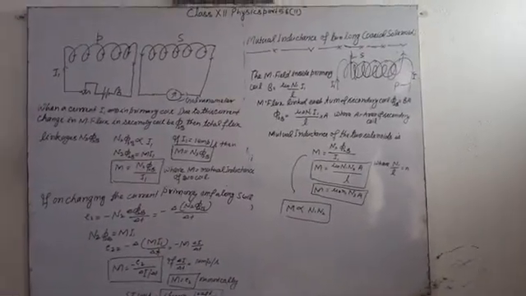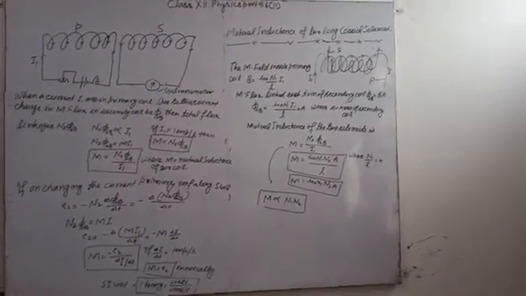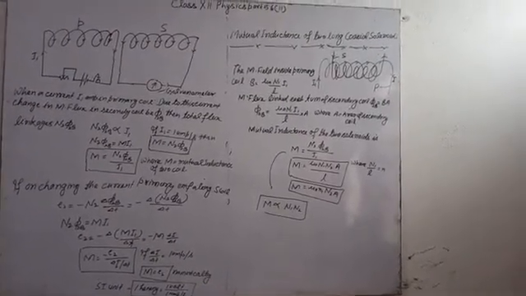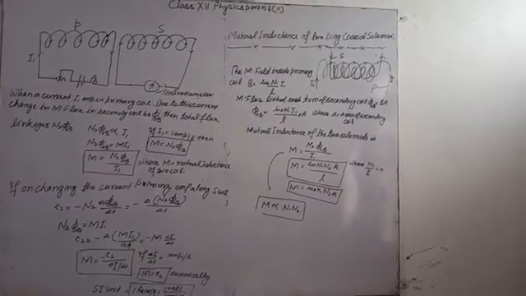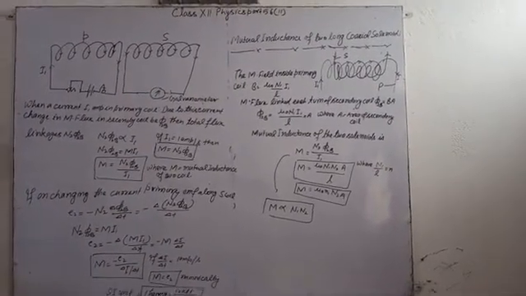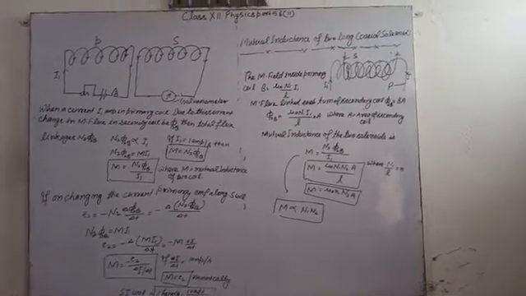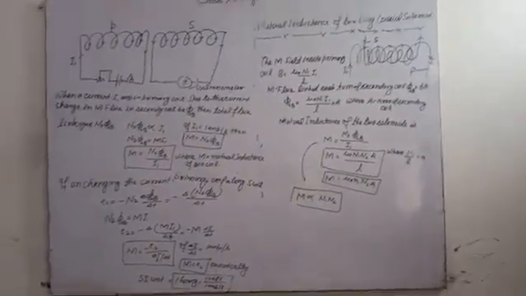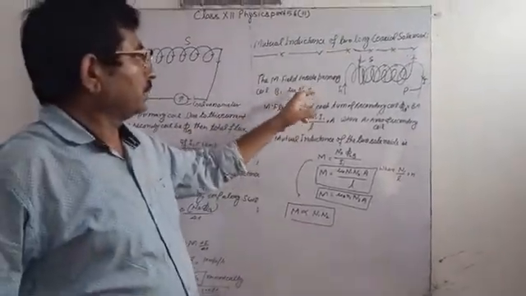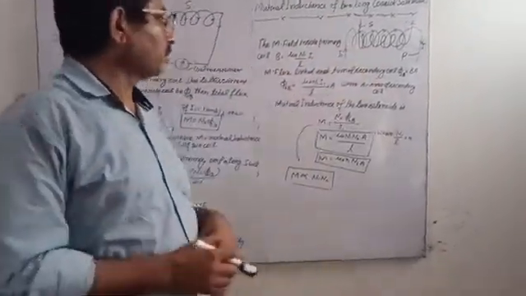Now come to the mutual inductance of two long coaxial coils. I have taken here two long coaxial coils, a primary coil and a secondary coil. The magnetic field inside the primary coil, the primary solenoid, is mu naught N1 I upon L, where N1 by L is the number of turns per unit length, and N1 is the total number of turns in the primary coil.